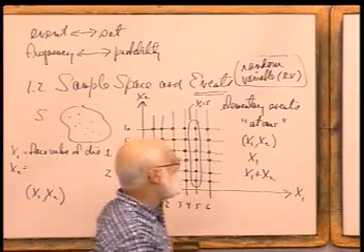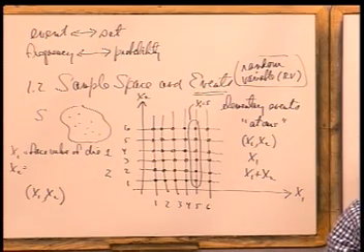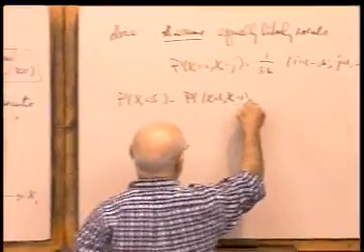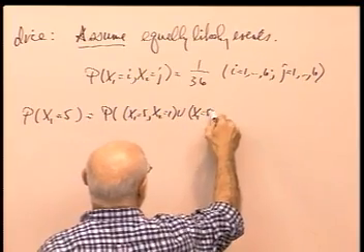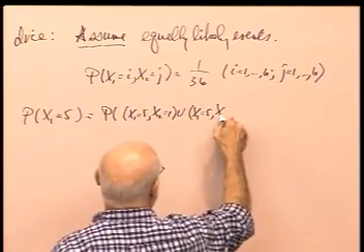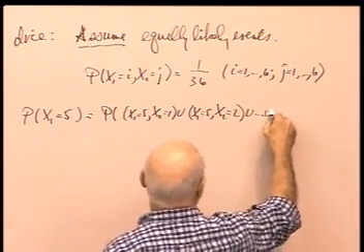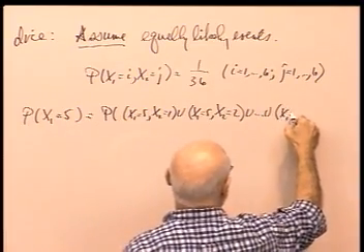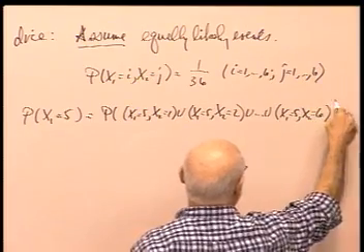So this is going to be the probability of the event x1 is equal to 5 and x2 is equal to 1, or x1 is equal to 5 and x2 is equal to 2, and so on. And the last one is going to be x1 is equal to 5 and x2 is equal to 6.